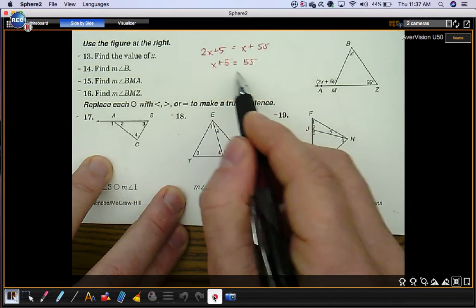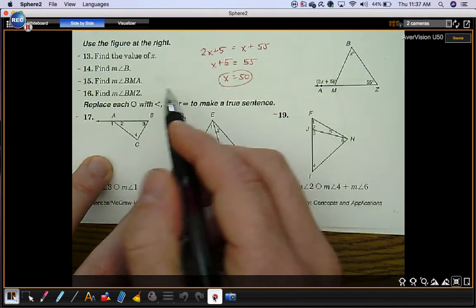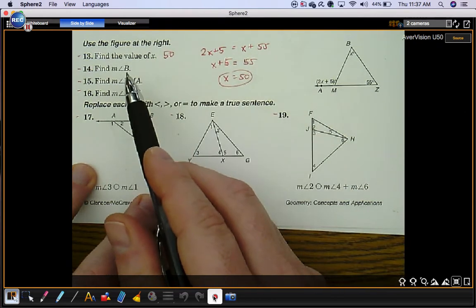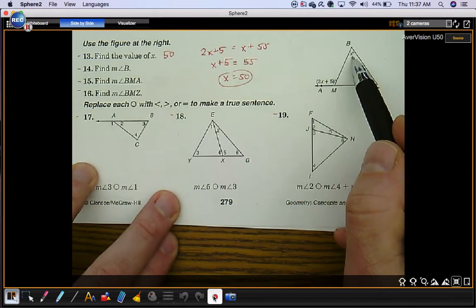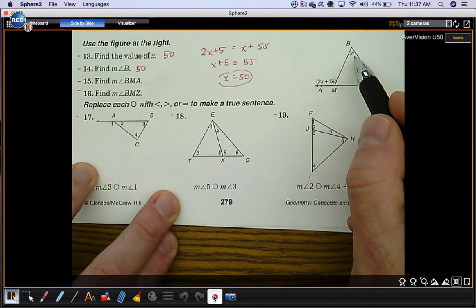And then we'll subtract 5 from both sides. So that's x, 50. Find the measure of angle B. Well, here's angle B. It's 50 degrees as well because the variable there was just 1x.